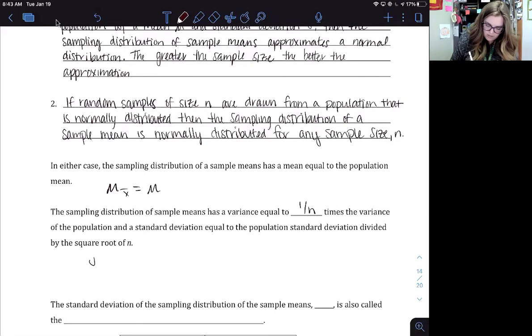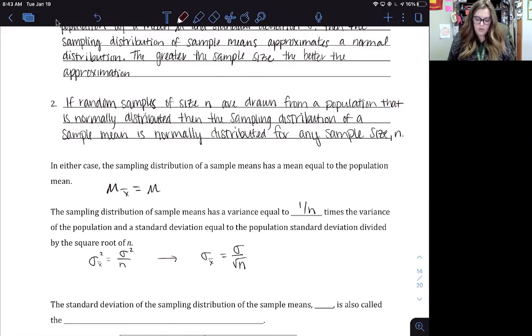So our variance, which we haven't really seen, equals the population variance divided by n. And then when we take the square root, we know that our population standard deviation divided by the square root of n equals our standard error of the mean.